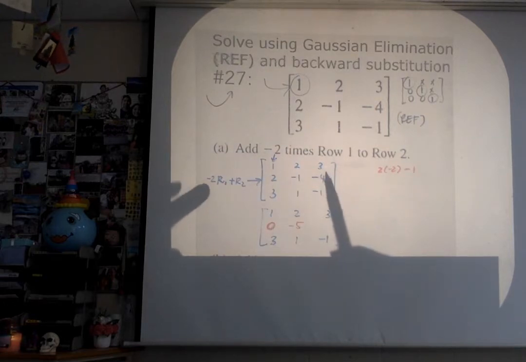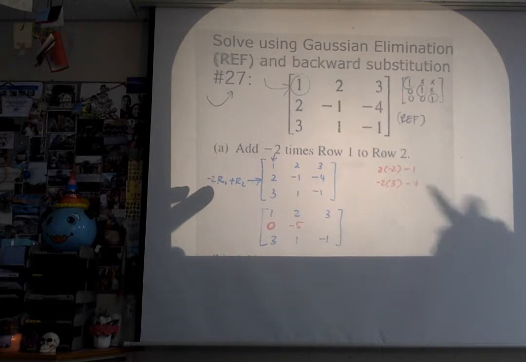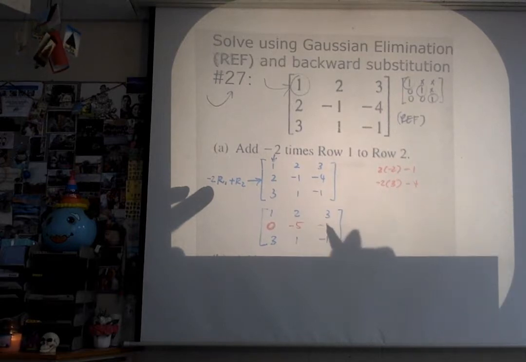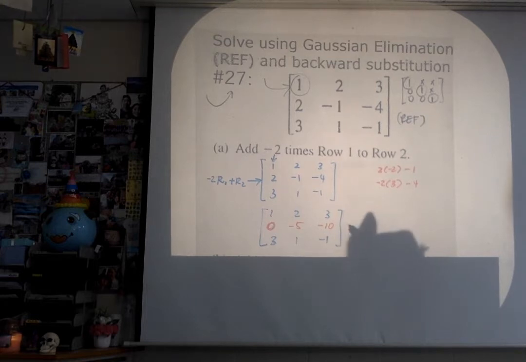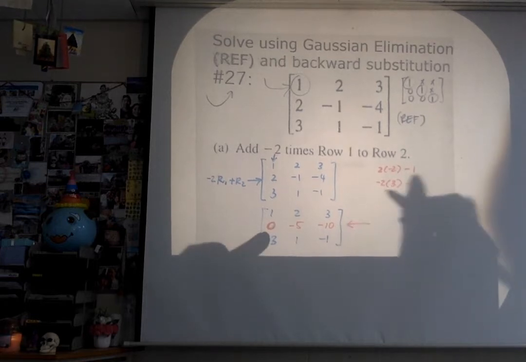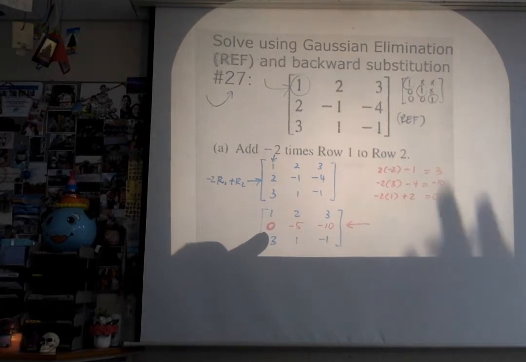The same thing here. -2 times 3 minus 4. So it's -6 minus 4, it's -10. Do you see how that happened? That's what happened when I did this to this. And that 0 came from -2 times 1 plus 2, which became 0, then -5, then -10.